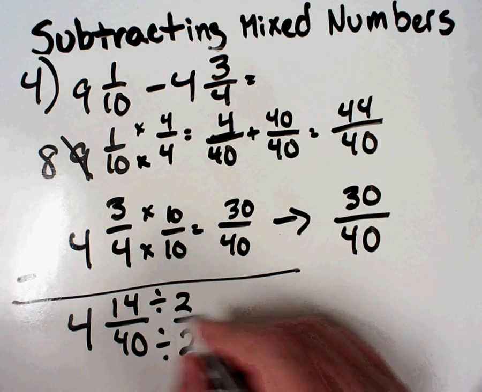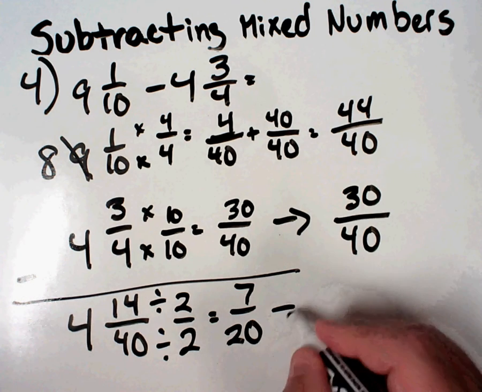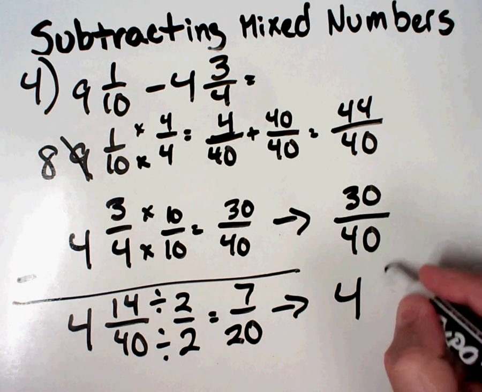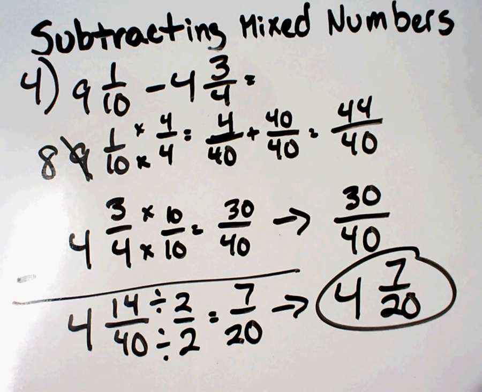And I'm going to end up with 7/20. So my final answer is 4 7/20. All right, let's go on to number 5.